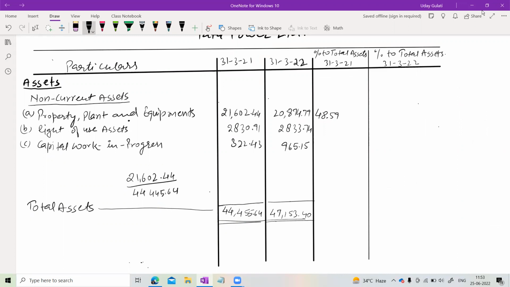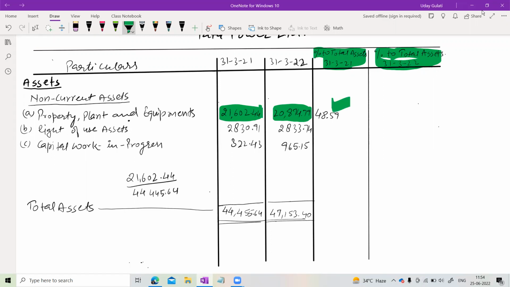The figure for 31st March 2021 for property, plant and equipment is given, and I am highlighting it for you: 21,602.44, and for 31st March 2022 the value is 20,874.79. The next two columns are percentage to total assets for 31st March 2021, and again percentage to total assets for 31st March 2022.